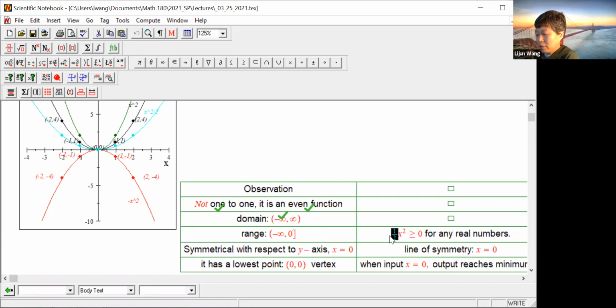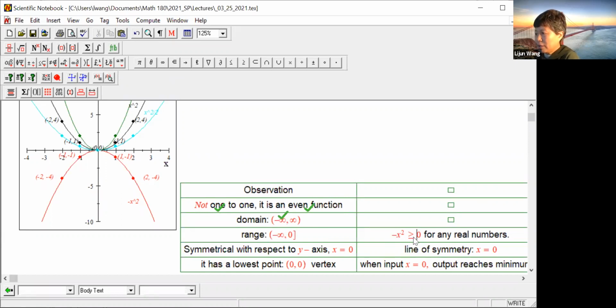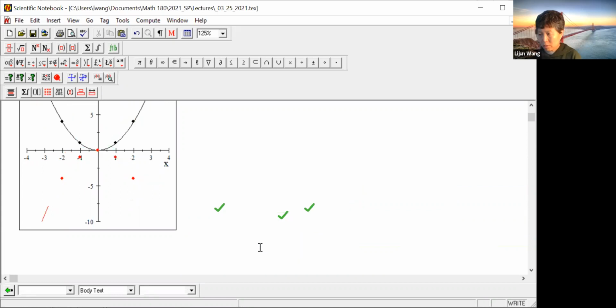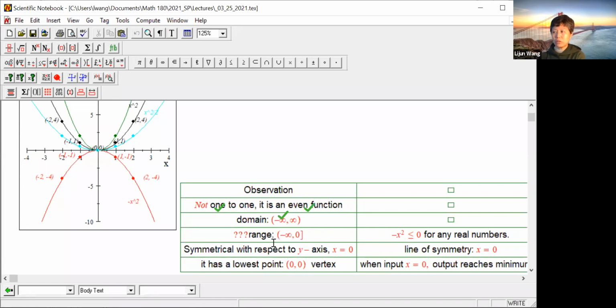How about this side? It's going to be negative x squared less than or equal to 0 for any real numbers, right? You can see that? So domain and range are not always the same, right? So we're going to put a question mark on that range in the checklist. Okay, they're not always the same.